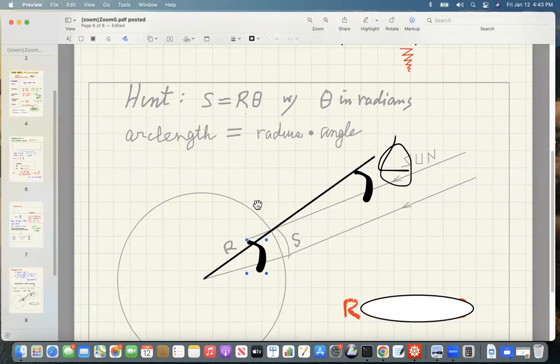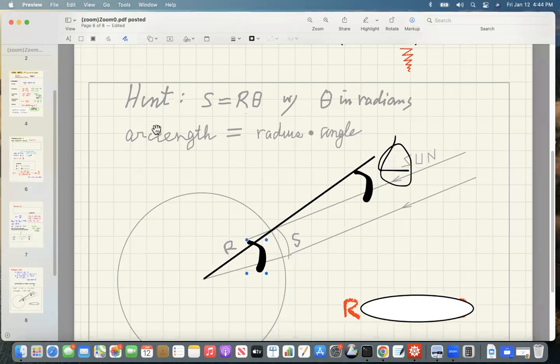For example, if you had an arc length all the way around the Earth, the arc length would be 2 pi r. That would just be the circumference of the Earth. 2 pi would be the angle in radians. 2 pi radians corresponds to 1 complete revolution. Now, this is only a fraction of 2 pi radians. It's 7.2 degrees, but you'd have to convert that into radians.